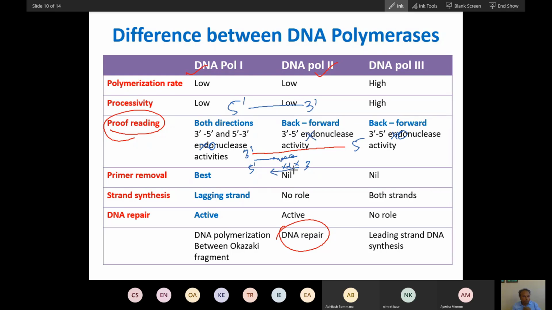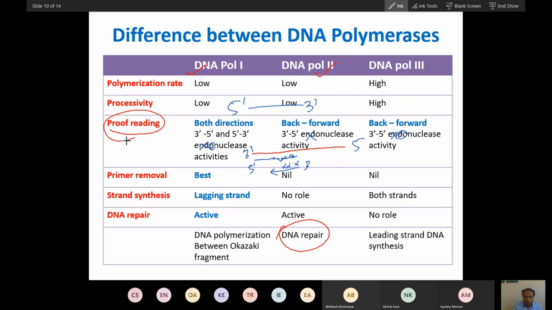So DNA polymerase has exonuclease activity from backward to forward, and forward to backward. All DNA polymerases have activity from backward to forward. But DNA polymerase 1 has one extra activity: it can also cut the DNA from forward to backward.